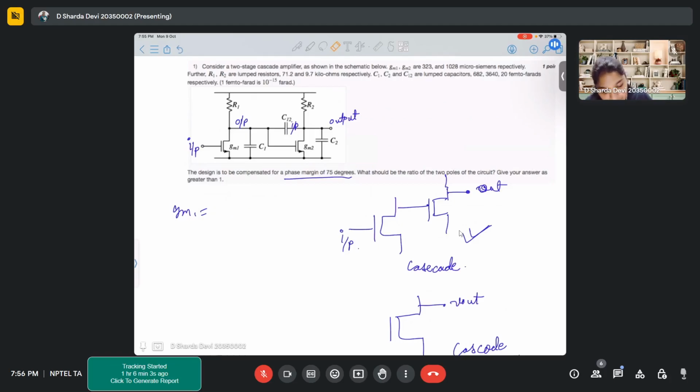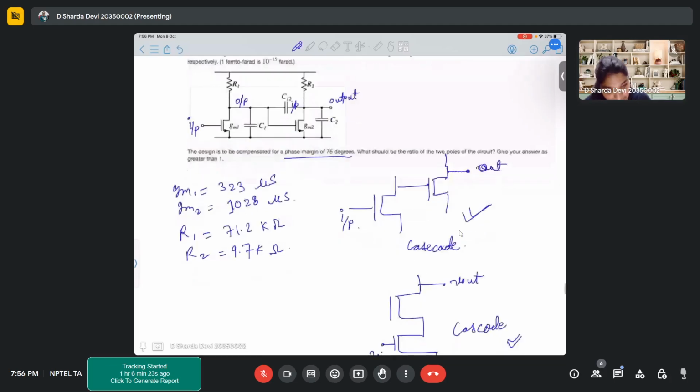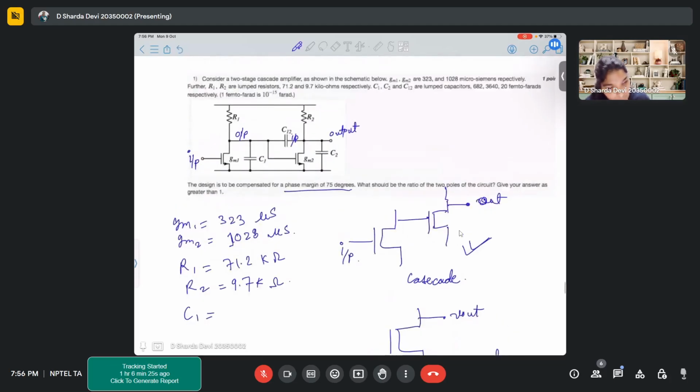Okay, GM1, GM2 are different. GM1 is 323, GM2 is 1028 microsiemens. R1 is 71.2 kilo ohms, R2 is 9.7 kilo ohms. C1 is equal to 682 femtofarad.